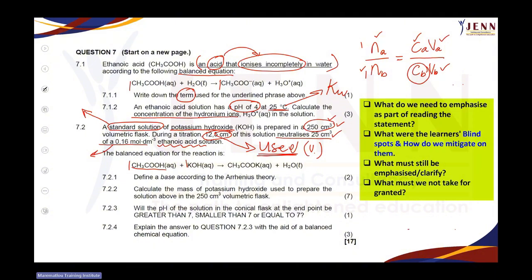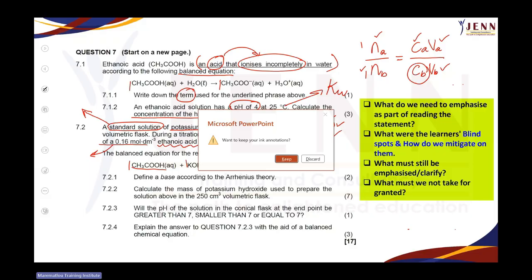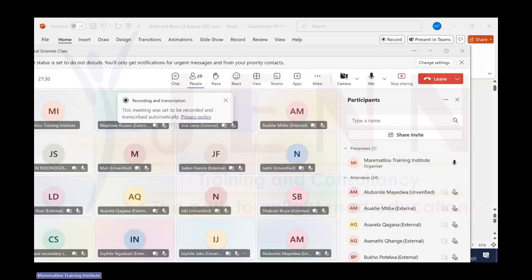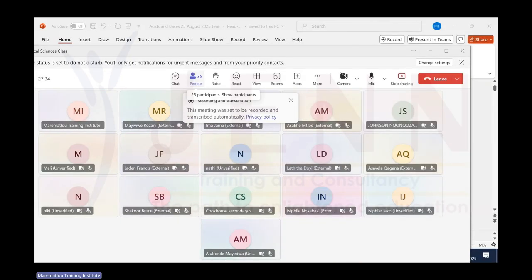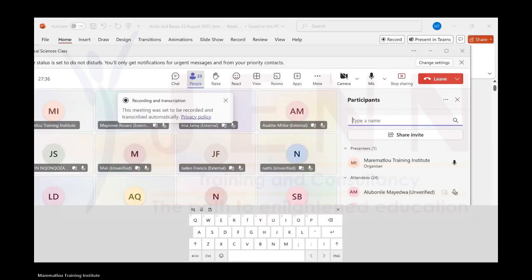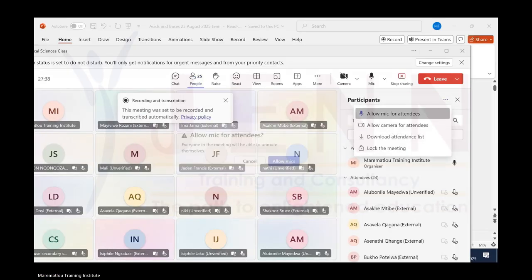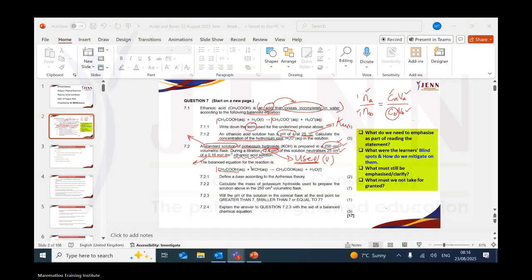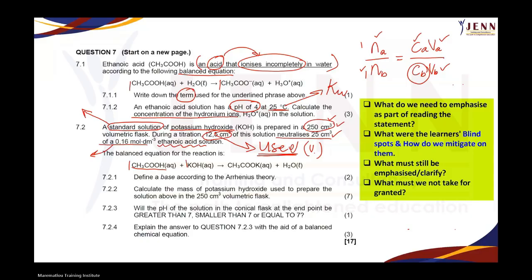They say there is a hand, so we have a hand. Yes, whoever has a hand, please unmute yourself, just talk to me.